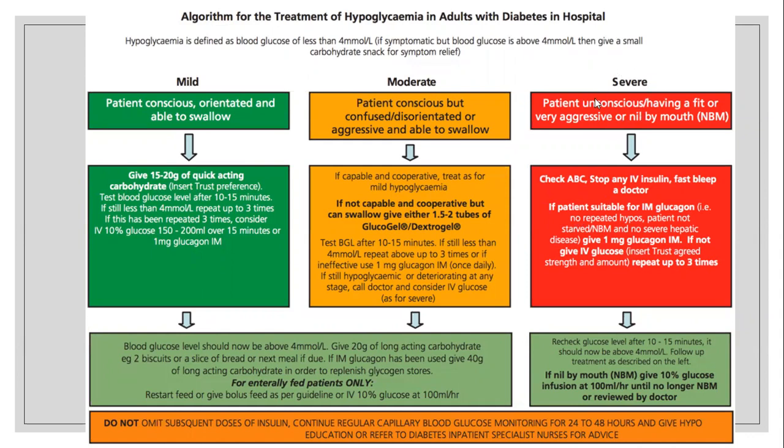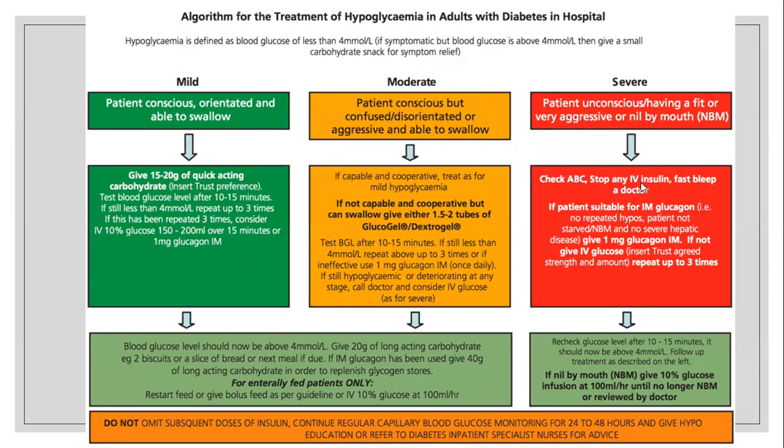In case of severe, meaning the patient is unconscious, having a fit, very aggressive, or nil by mouth, always check the blood glucose and arterial blood concentration. Blood gas analysis is also important. Also, we will check the airway, the breathing and circulation.